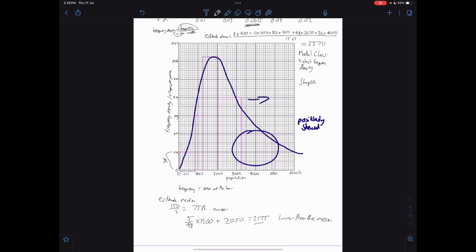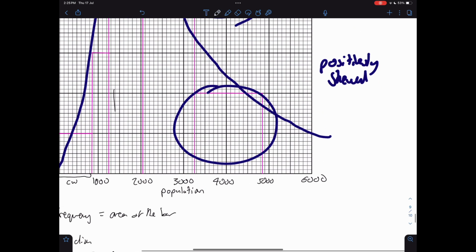For both of these estimates, what we do is assume the data set is evenly distributed in every interval. And that is a big assumption.